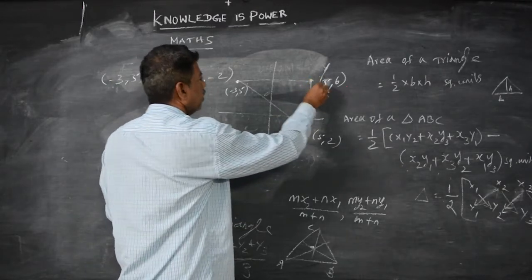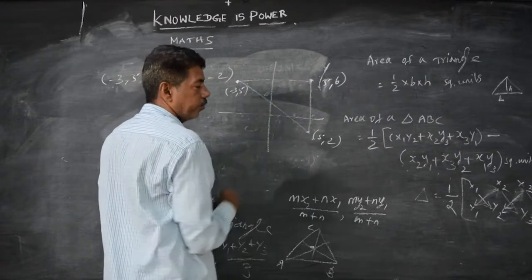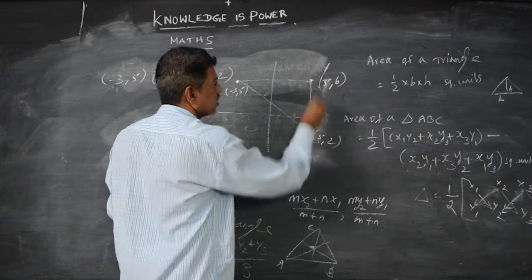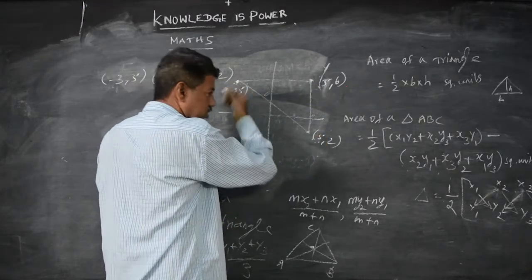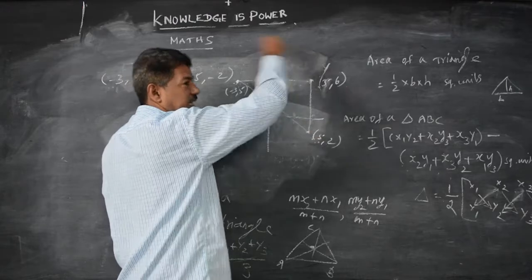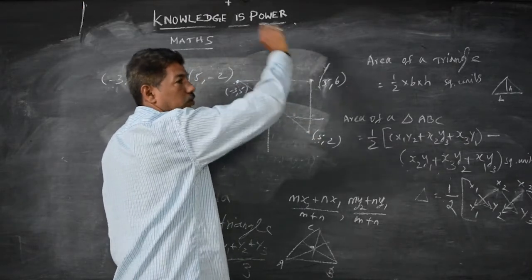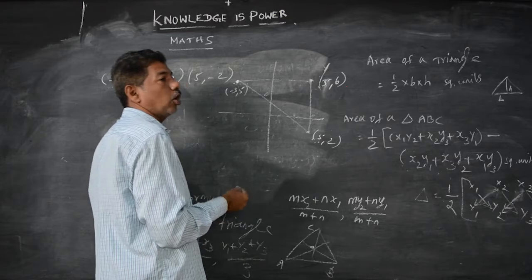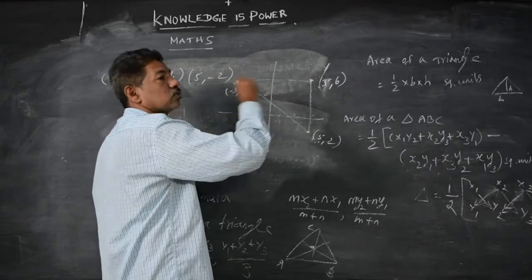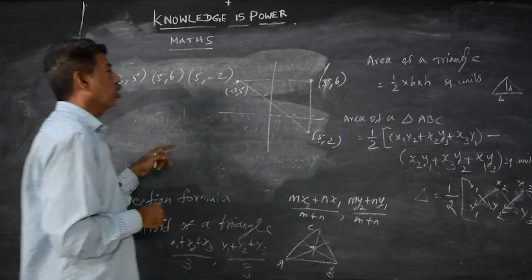Suppose we take first, second, third this way. Clockwise means rotating like a clock, anti-clockwise means rotating in reverse. That is called anti-clockwise.